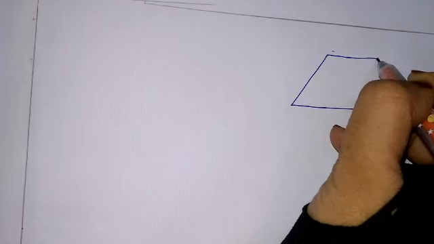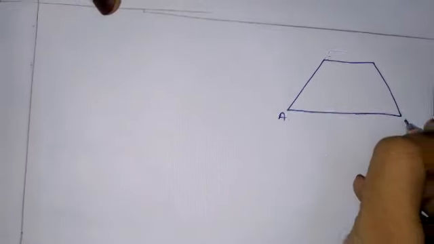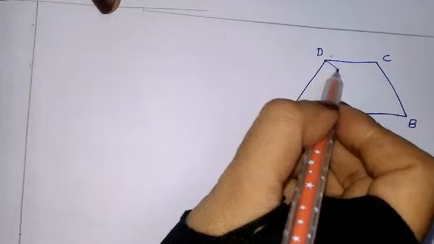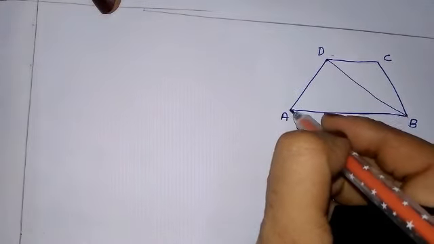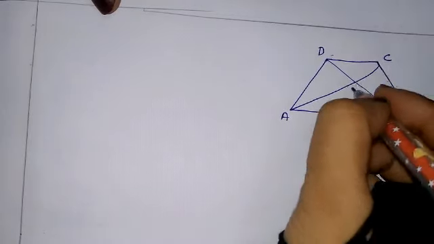Here I'll draw trapezium. A rough figure should always be drawn with pencil. Okay, ABCD, diagonals intersect at O. They have mentioned there, diagonals intersect at O.